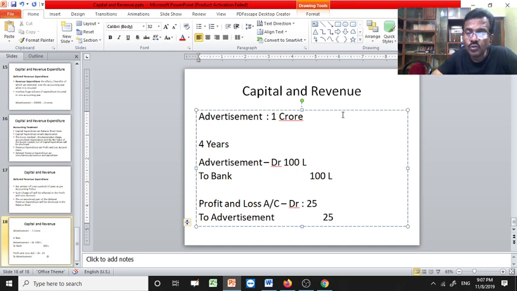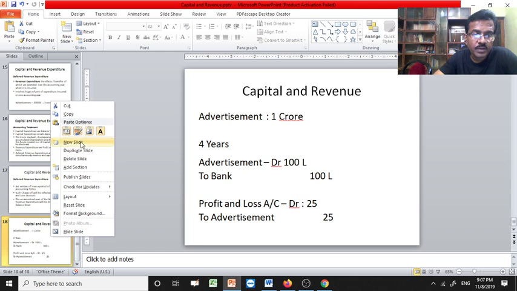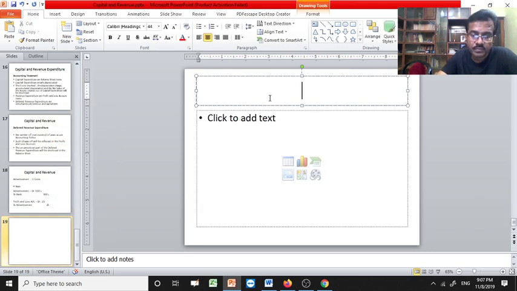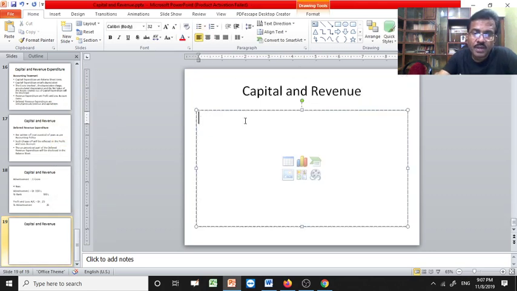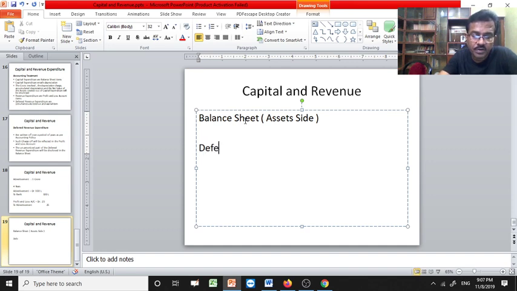So this balance of advertisement account, in your balance sheet on the asset side, this advertisement which is not yet amortized, which is not yet written off, will come as deferred revenue expenditure.